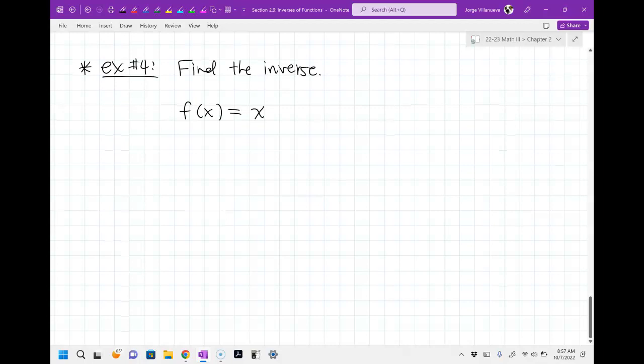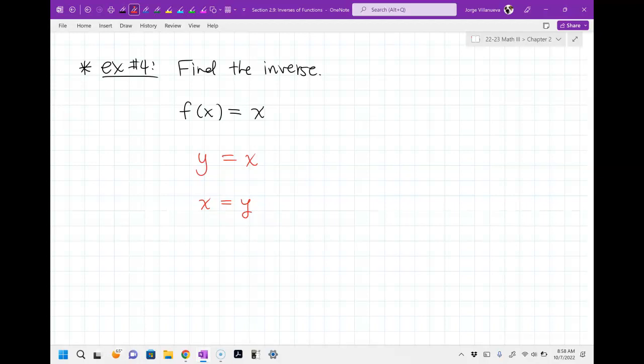Now just follow the rules and you should be fine, right? First step, write your problem. Done. Second step, change f of x to y. All right. y equals x. Step 3, change y to x and x to y. So x equals y. All right.